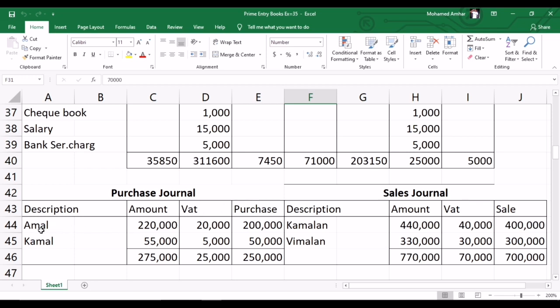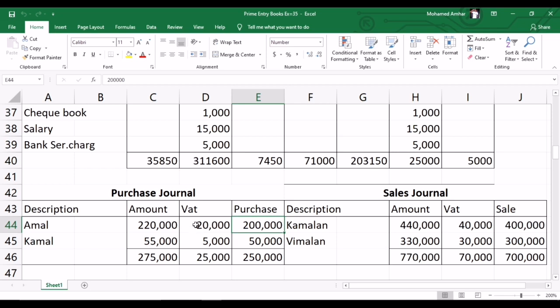There you write Amal, amount is 220,000 and it said 10% VAT inclusive, no? So in this 220,000, inclusive VAT is 20,000, so the balance is purchase.